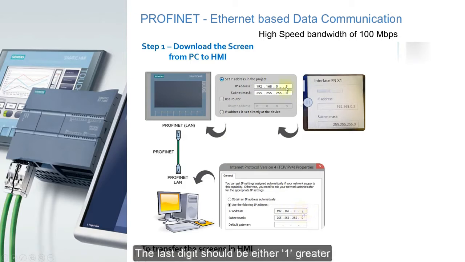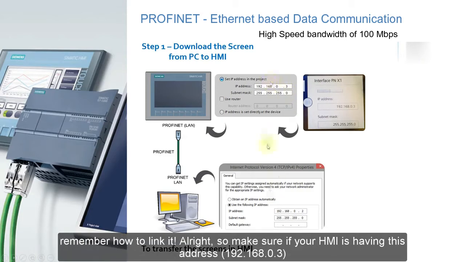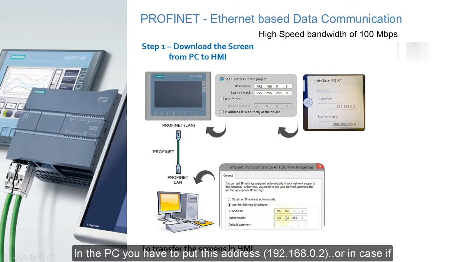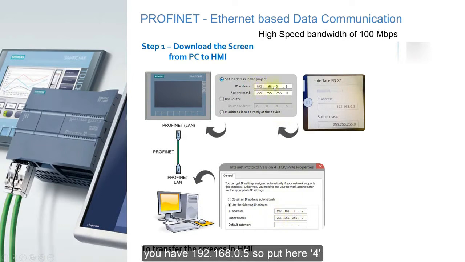So the last digit should be either 1 greater or 1 lesser than the HMI address. That's the easy way to remember how to link it. If your HMI has this address, in your PC you have to put the neighboring address. Or if you have 192.168.0.5, put here 4, or you can put 6. That's how you have to link it.